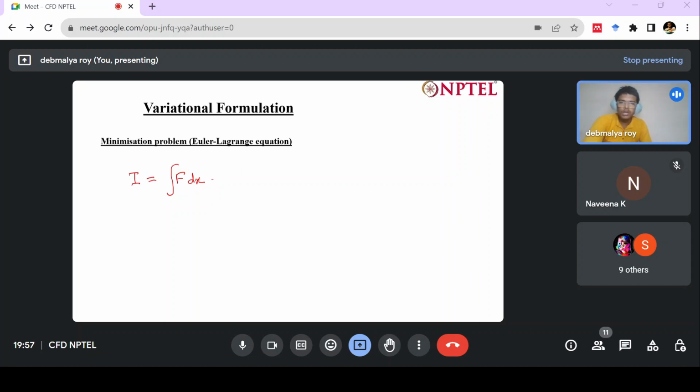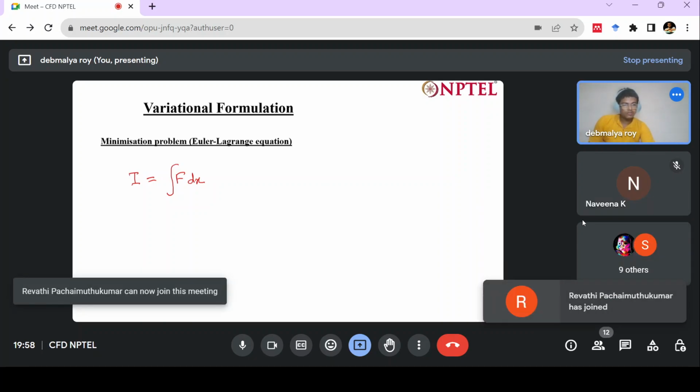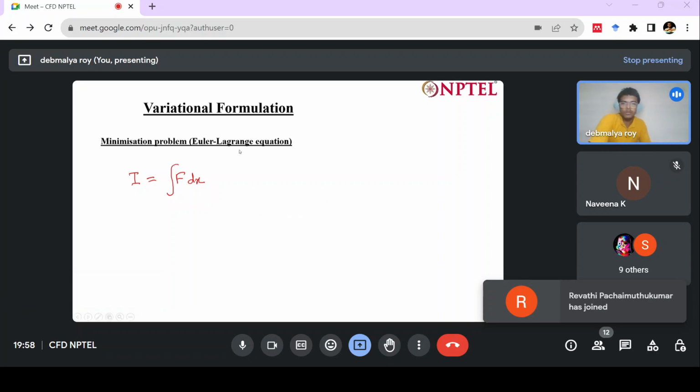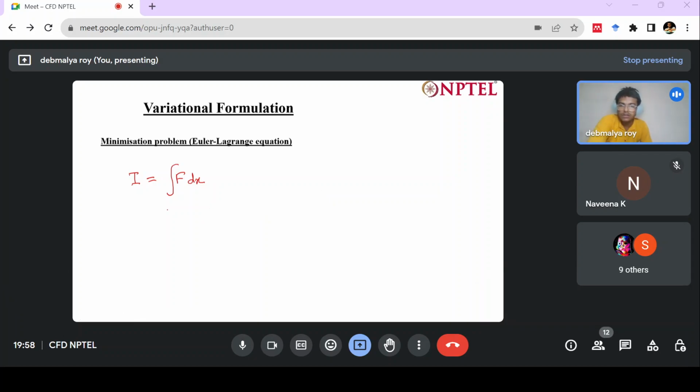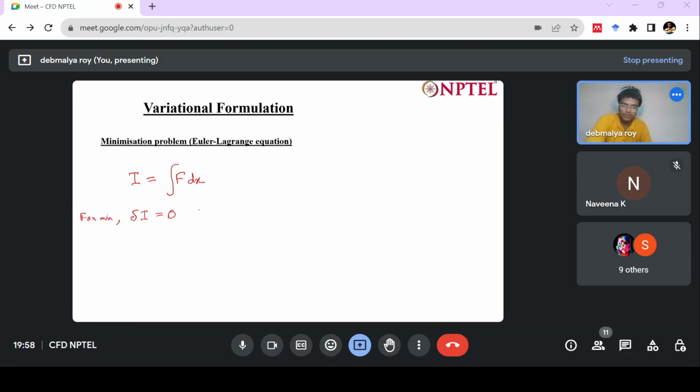If we want to minimize this, then we must have a variation, delta I, equal to 0. And this is basically the concept. For minimizing, we must have this.